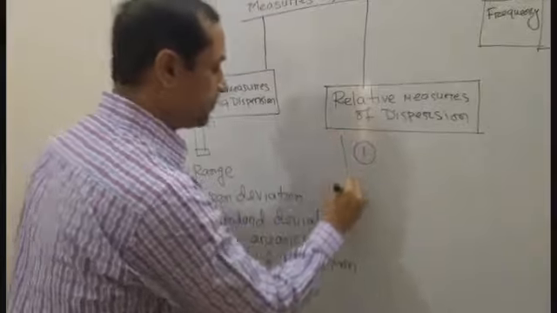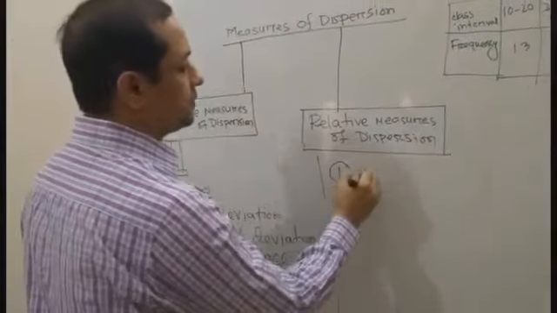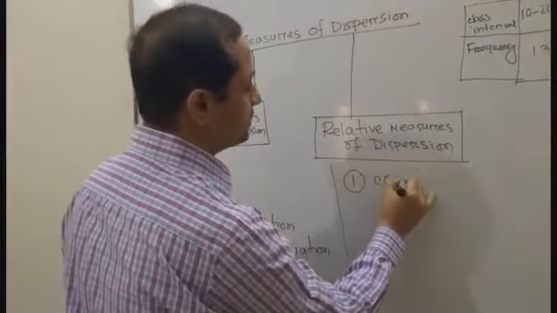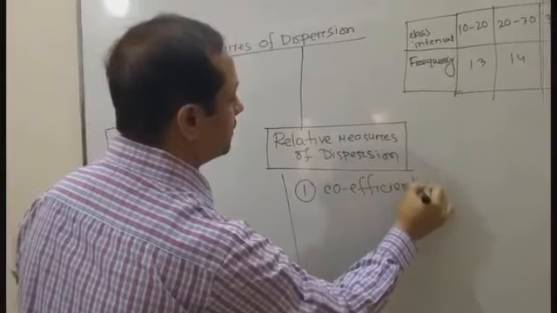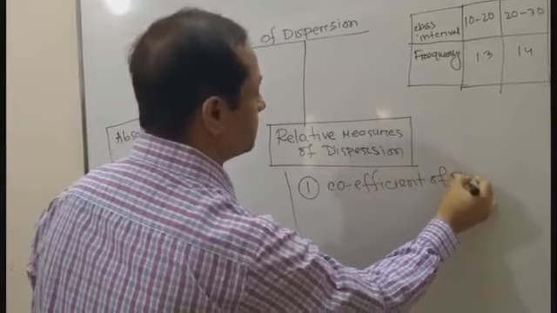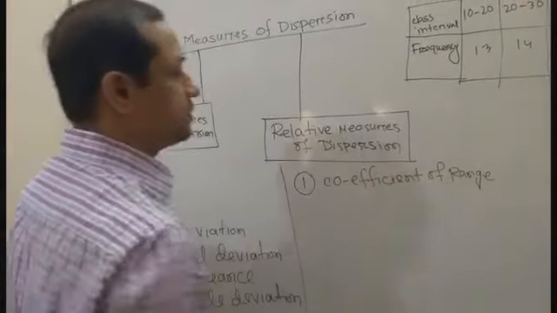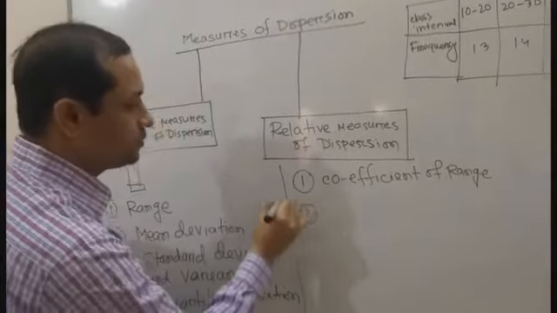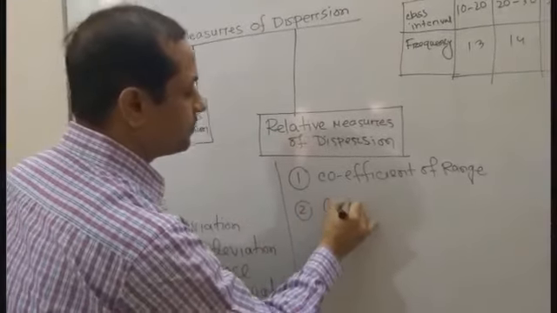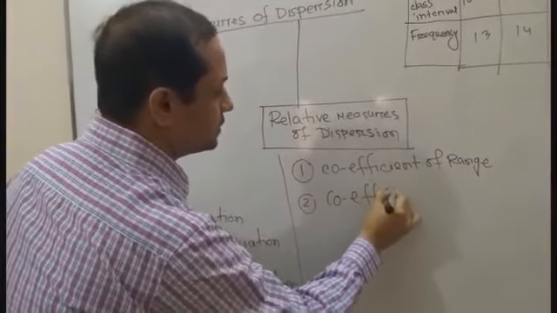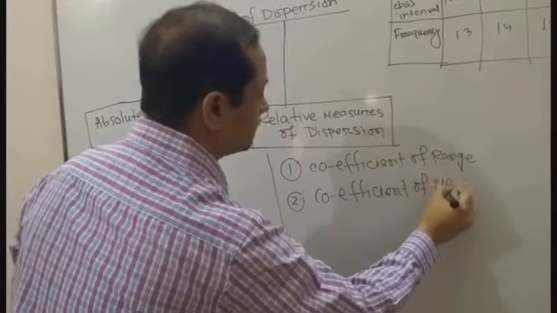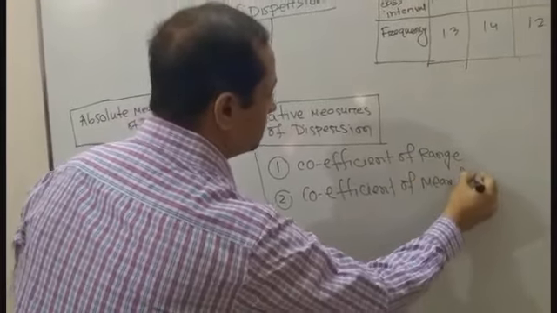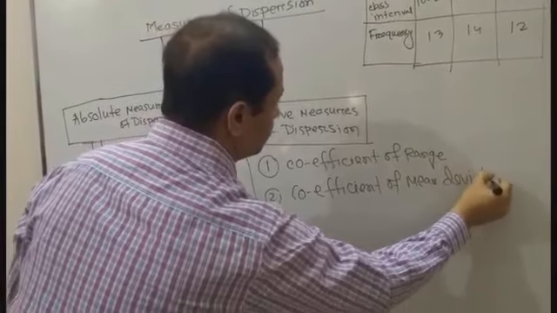First number, coefficient of range. Number two, coefficient of mean deviation.